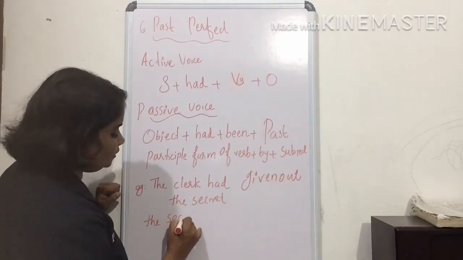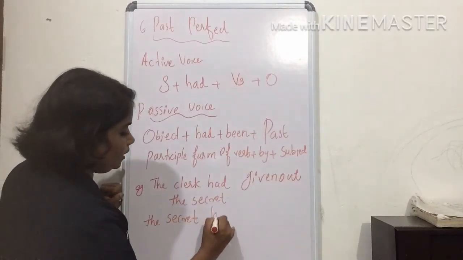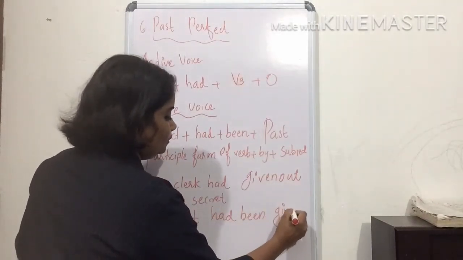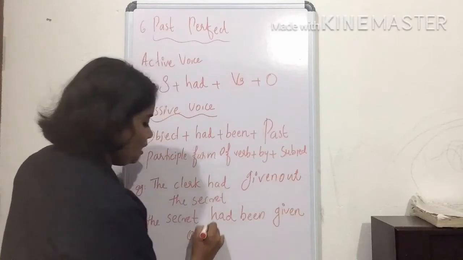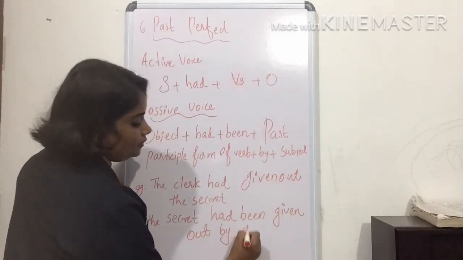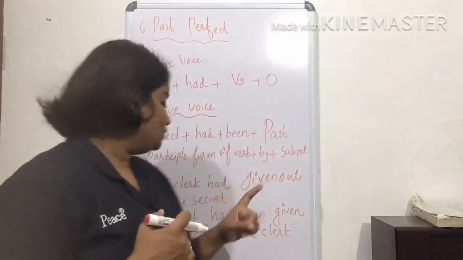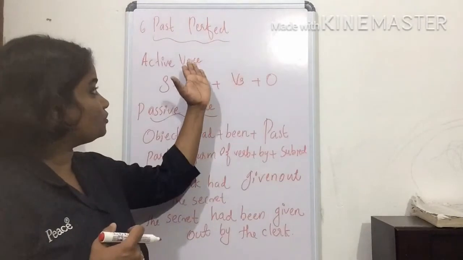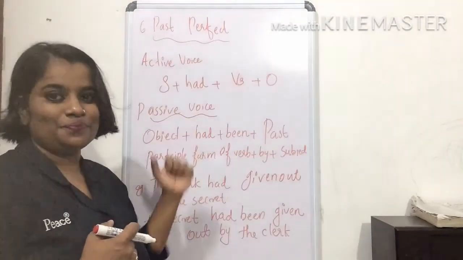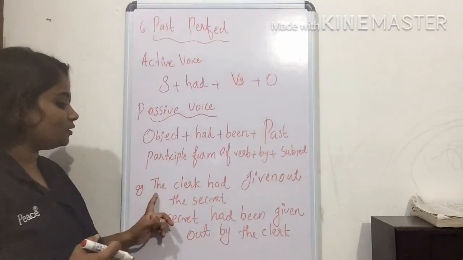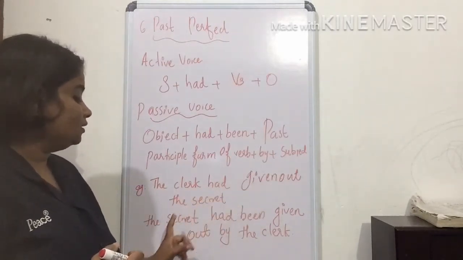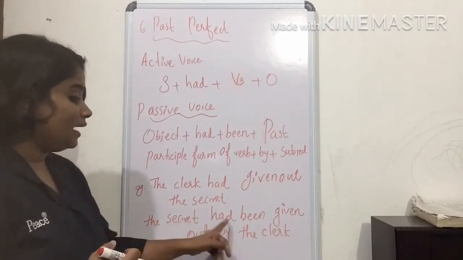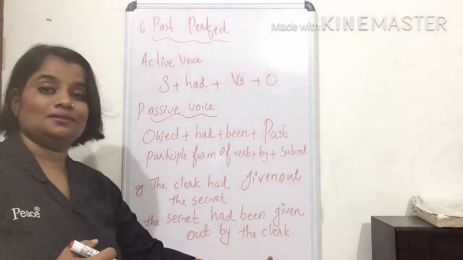Definitely the secret had been given out by the clerk. Once you learn the structures properly, it's very easy to transform the statement from active voice to passive voice. Okay, so I repeat once again, the clerk had given out the secret in the case of active voice. In the case of passive voice, the secret had been given out by the clerk.